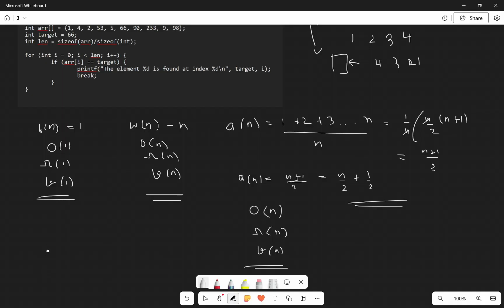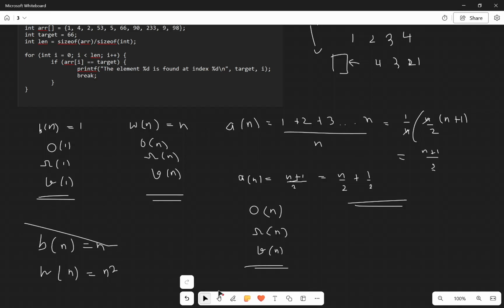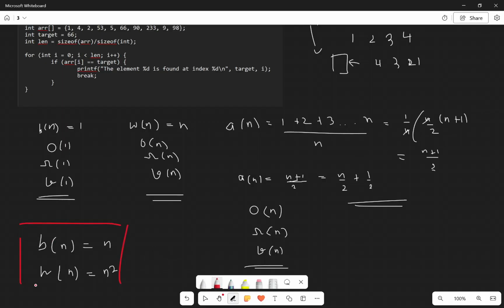There are certain situations where the best case is equal to n, and the worst case is equal to n squared. So for this example we have these values for b(n), w(n), and a(n), but for other algorithms it might be different.